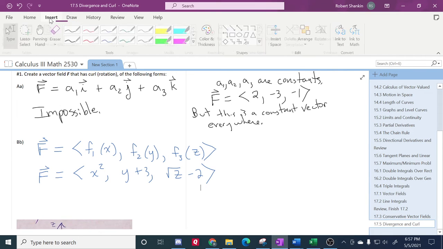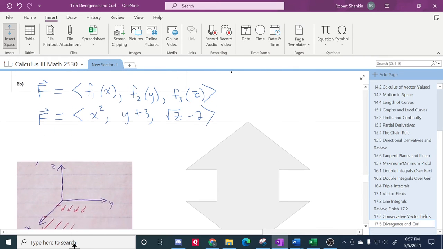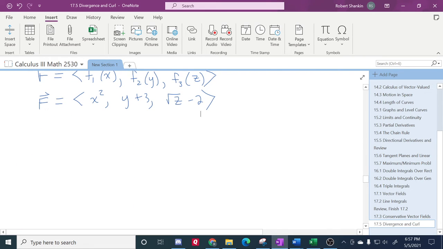And let me get some more space here. Could this have a rotational effect?